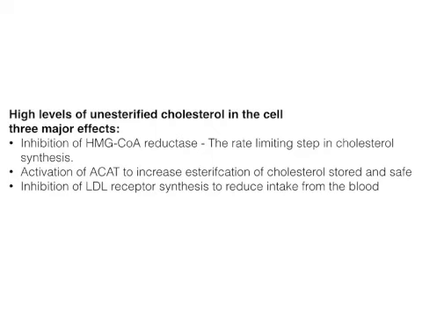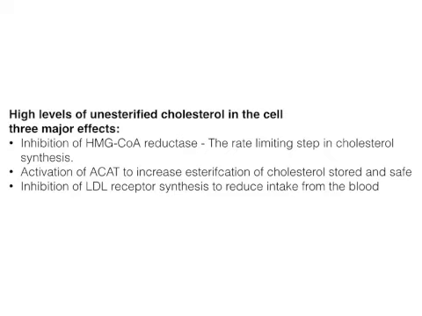cell. High levels of unesterified cholesterol in the cell have three major effects. First of all, as we saw before, is the inhibition of HMG-CoA reductase. HMG-CoA reductase catalyzes the rate-limiting step in cholesterol synthesis, and as we saw before, it is highly regulated.